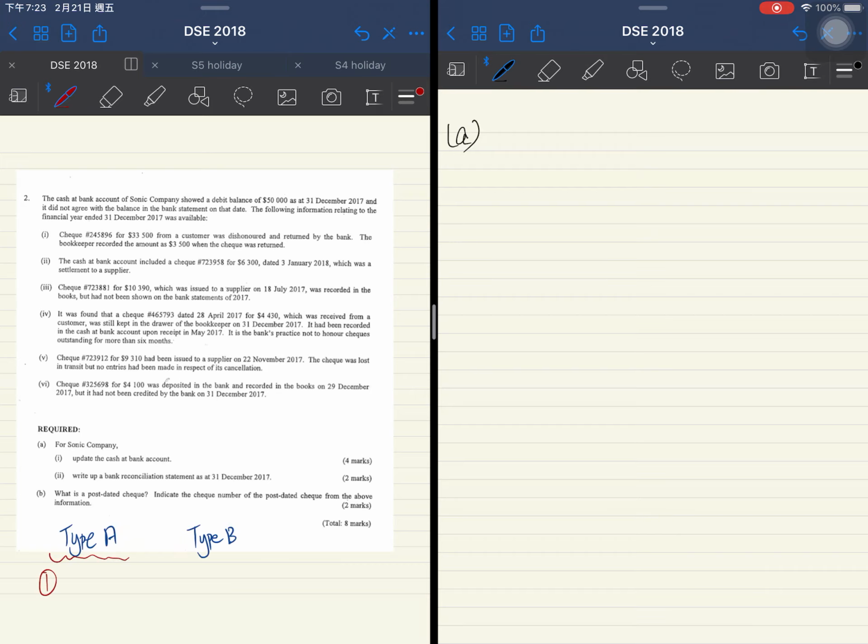First we have to update the cash at bank account, and then second, update the bank reconciliation statement.